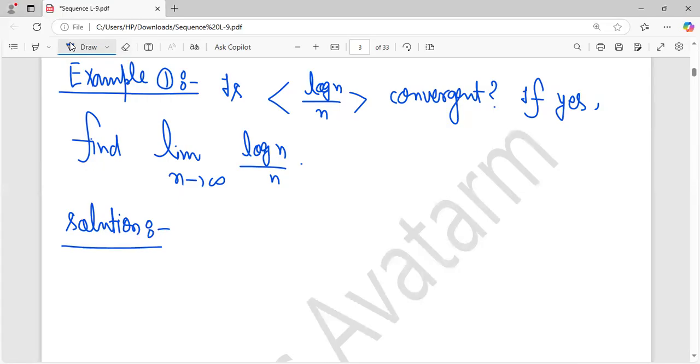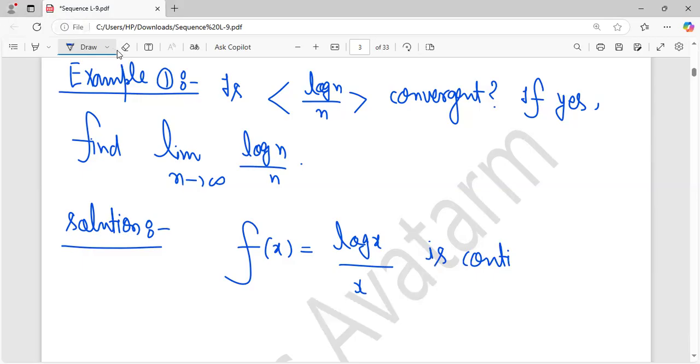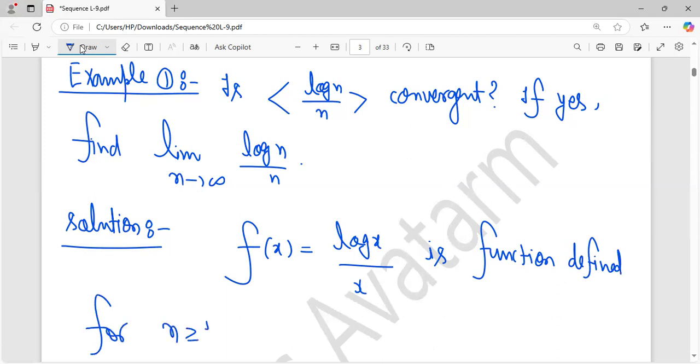I am putting f(x) is equal to log x upon x. Now this function is a continuous function defined for x greater than 1.